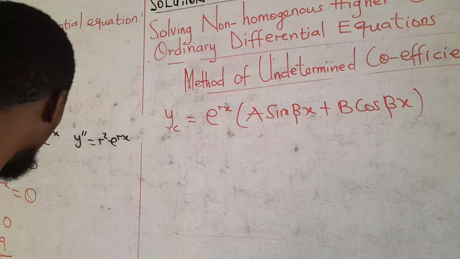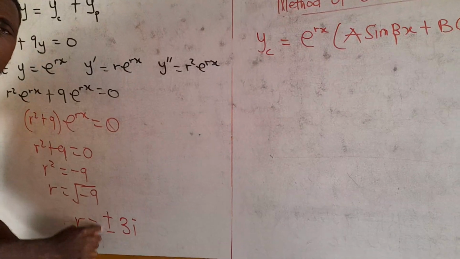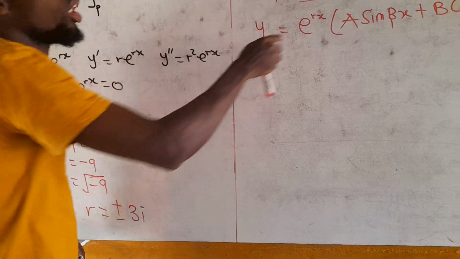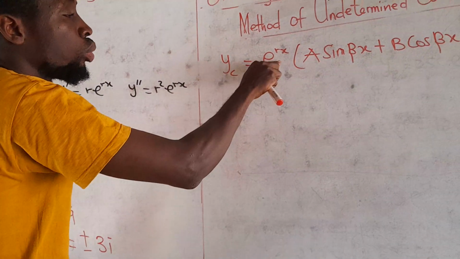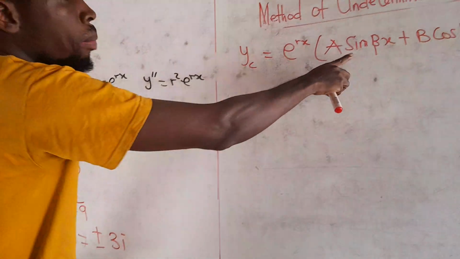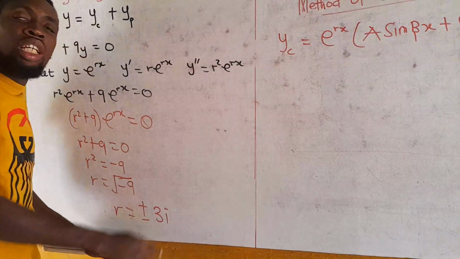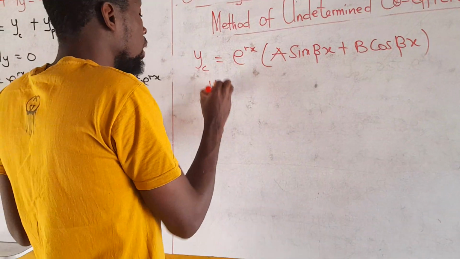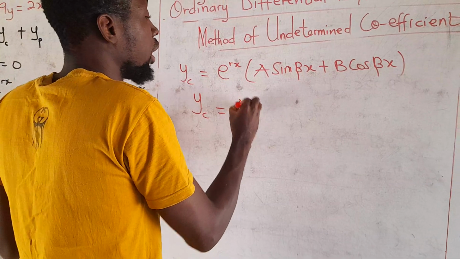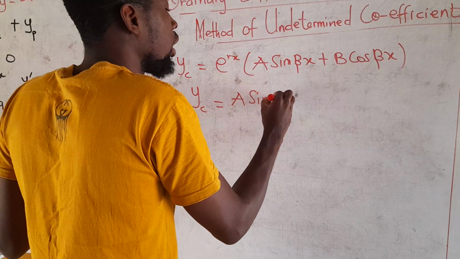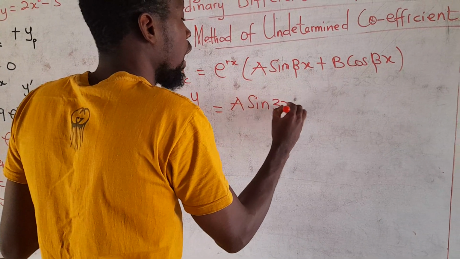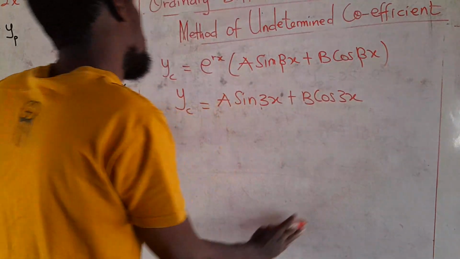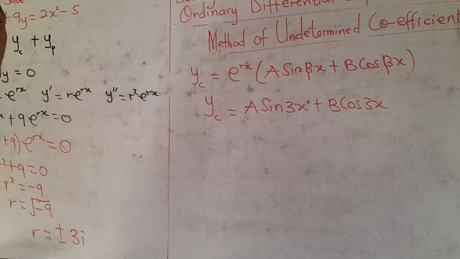The α is the real part of our complex solution, and the real part here is 0. Since it is 0, e^0 will be 1. Then our β is the coefficient of the imaginary part, in this case 3. So our complementary solution y_c will just be a sin 3x + b cos 3x. That's the solution to the homogeneous side.